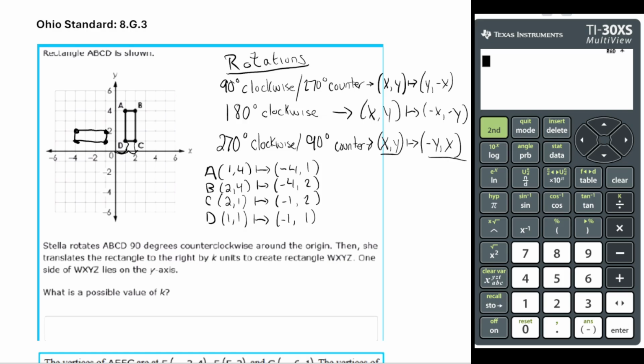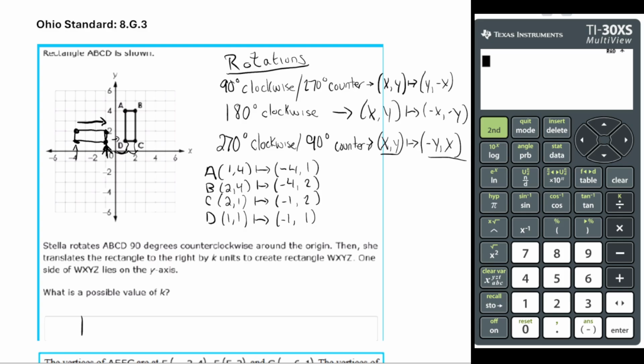So you have to move this shape to the right so that one of the sides is on the y-axis. So either this side or this side. Well, the closest way to do it is to take the side closest to the y-axis. So if we're going to make this side touching the y-axis, all we're going to do is move it to the right 1 unit.